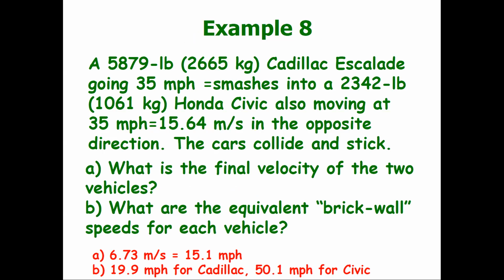Part B: what are the equivalent brake wall speeds for each vehicle? In other words, the first vehicle, which is 5979 lb, or about 2665 kg, is going at 35 miles per hour.